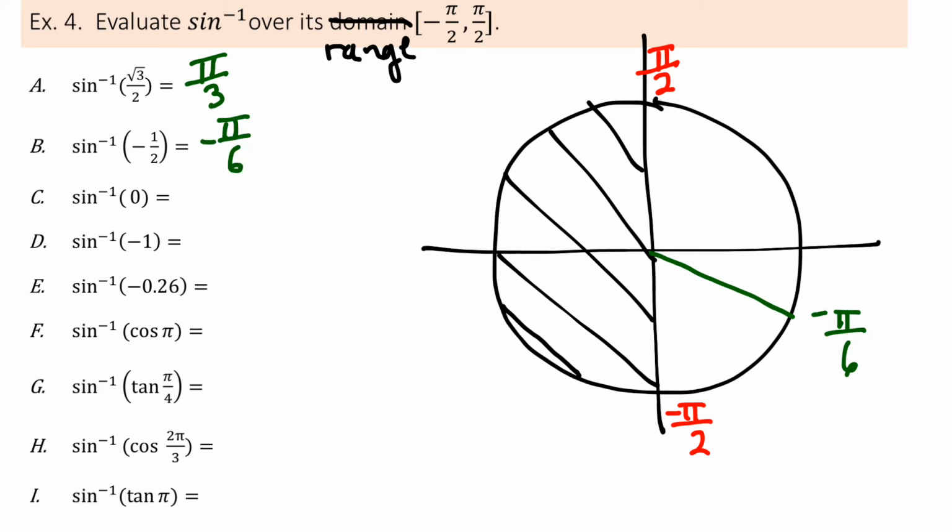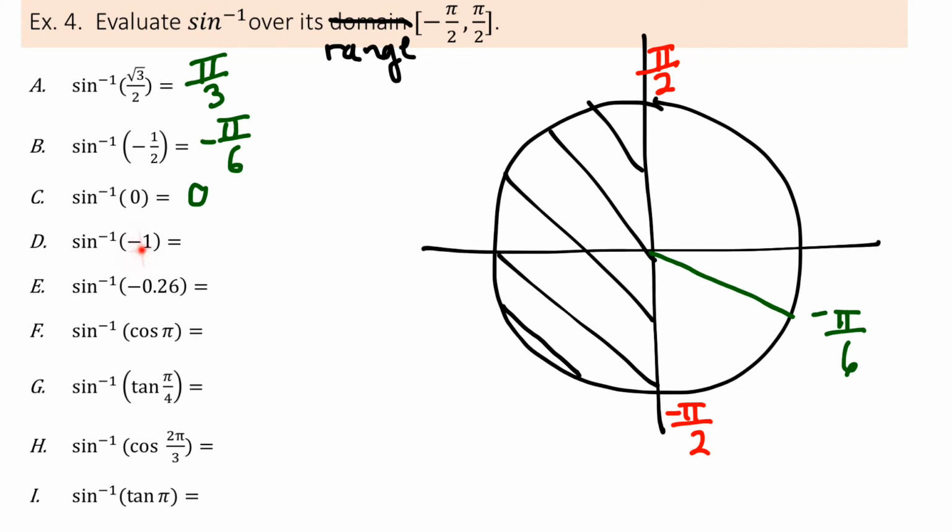All right, the next one says the inverse sine of 0. So if my sine is 0, what angle does that correspond to in this area over here? The sine of 0 is 0 right here at 0 degrees. So that answer would be 0 degrees or 0 radians. All right, then on this one here, it says the inverse sine of negative 1.